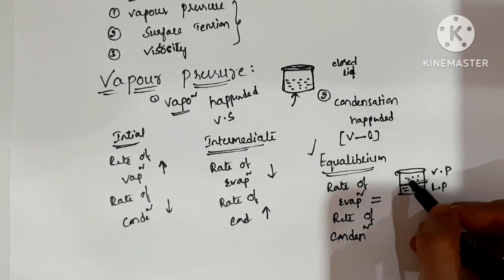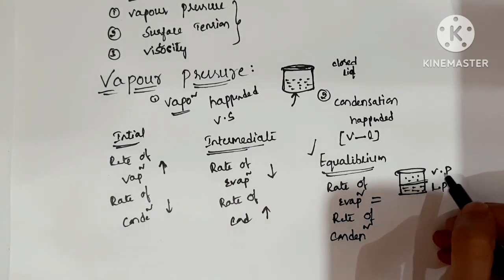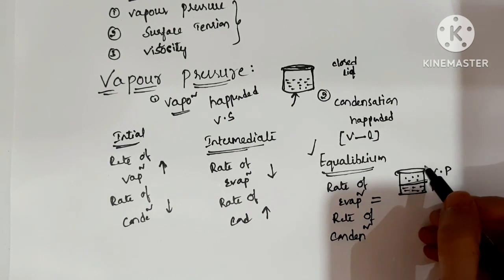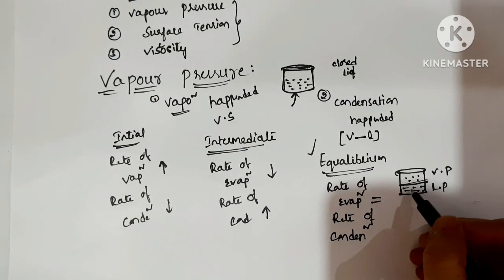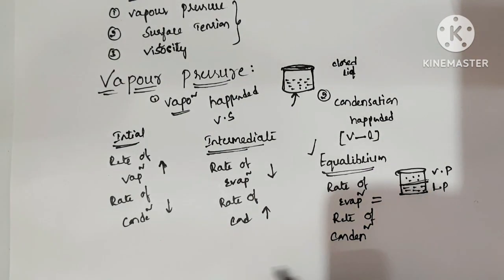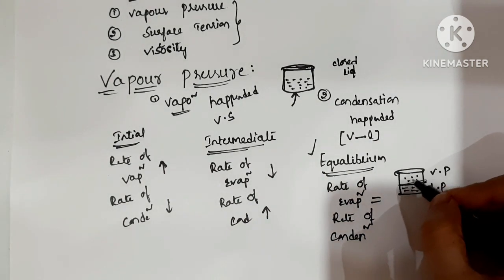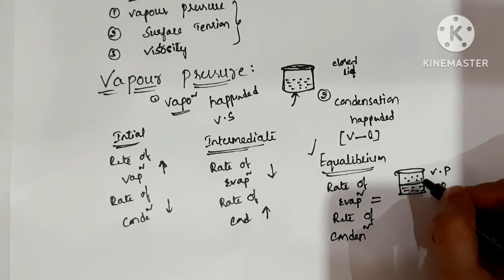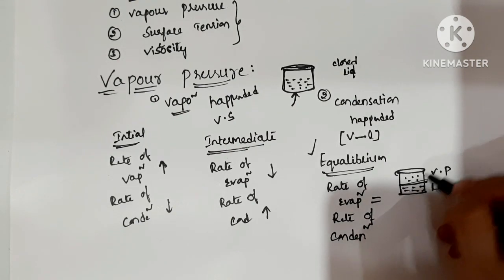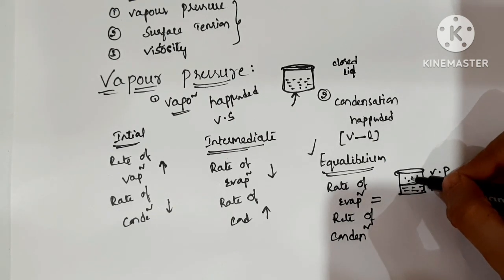The pressure exerted by the vapor molecules at equilibrium on the liquid is called vapor pressure. That means the molecules present in the vapor phase exert pressure on the liquid phase molecules.